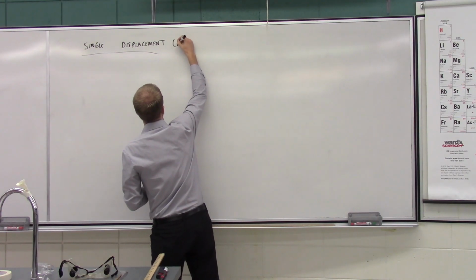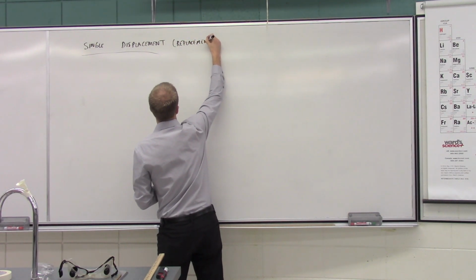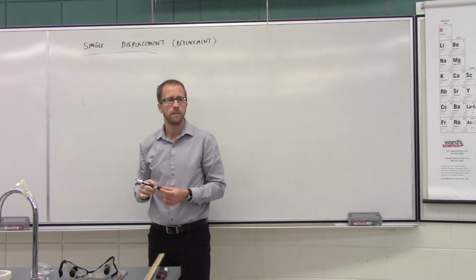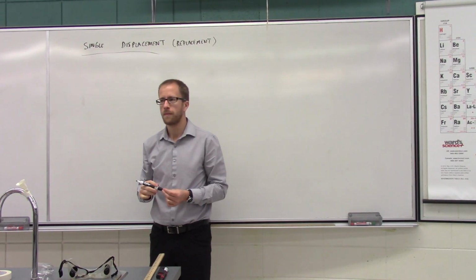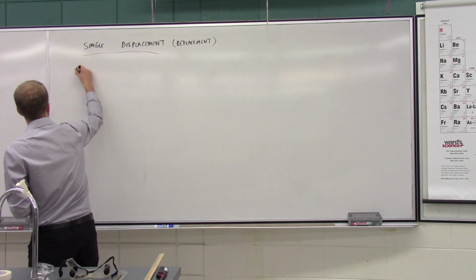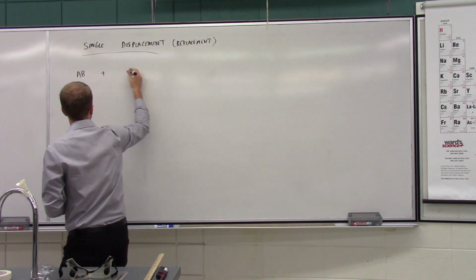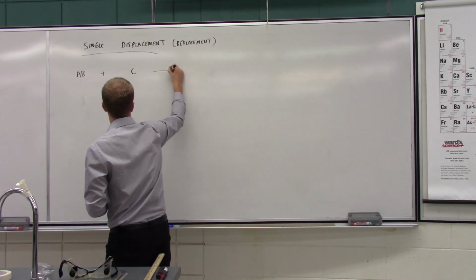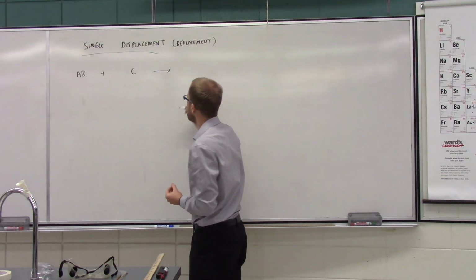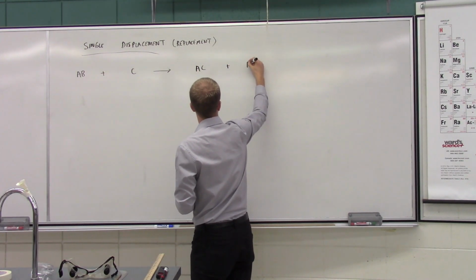Either one is correct, so single displacement or single replacement. I'll get into these ones next class in a little bit more detail, but generally they take the form of this. So AB plus C gives you AC plus B.